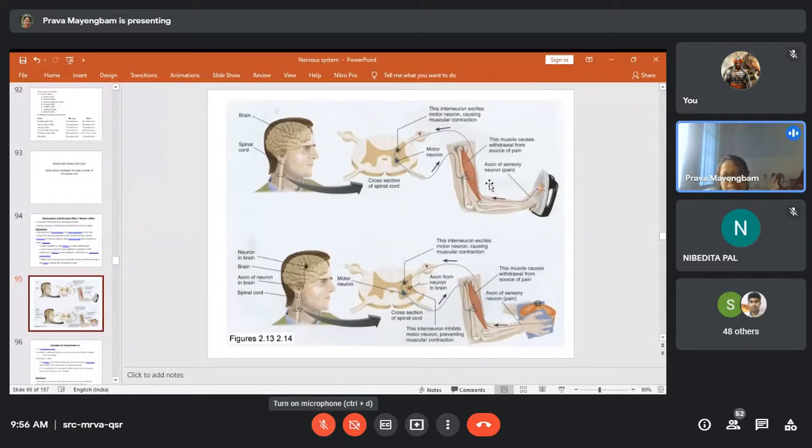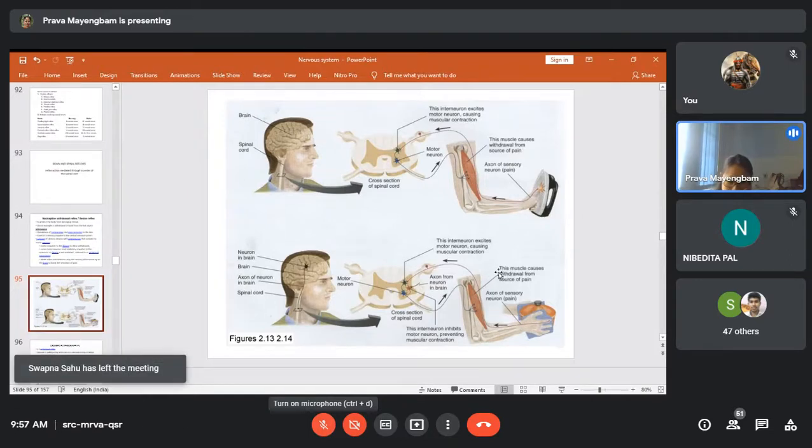Okay, so this is a kind of reflex which involves nociceptors, the withdrawal reflex. In the withdrawal reflex of the hand, there is involvement of the flexor group of muscles and also the extensor group of muscles. The flexor group of muscles contract and the extensor group of muscles relax.